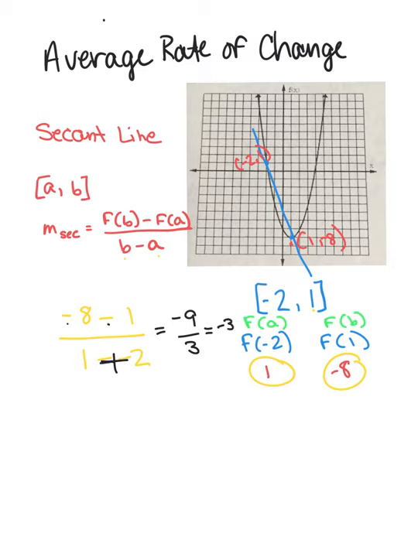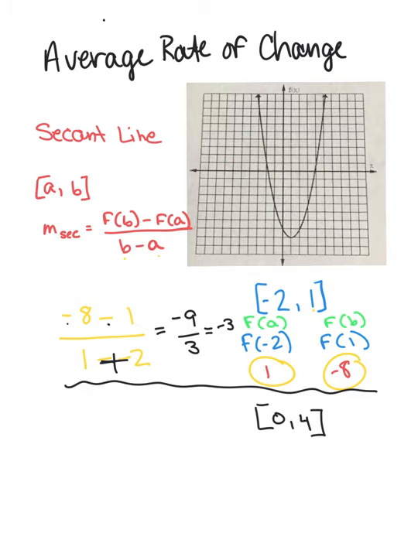I'm going to use the same graph for the next problem. The next interval is going to go from 0 to 4. At 0, my graph is at this point: 0, 1, 2, 3, 4, 5, 6, 7. So it's 0, -7. And at 4, it's 4, 1.